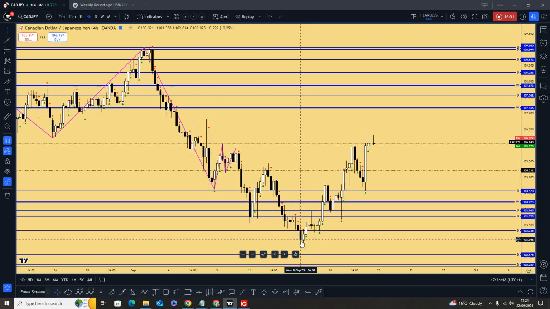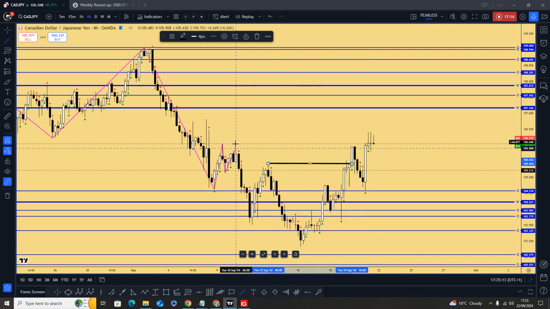Okay, there's no pullback here. 0, A, B, C, 1, followed by 2, and we've seen a close above this high. We may have a pullback. Okay, now this is becoming uncomfortable for the sellers, because you have a structure here.